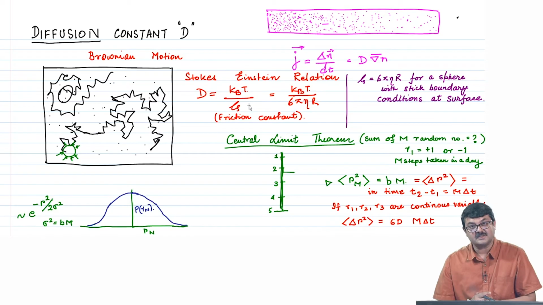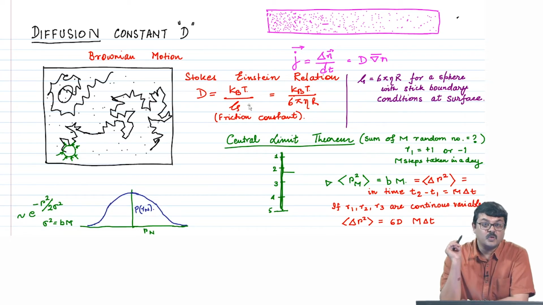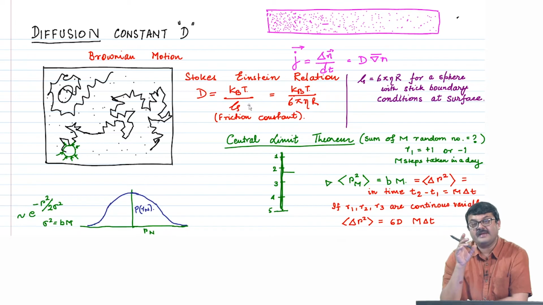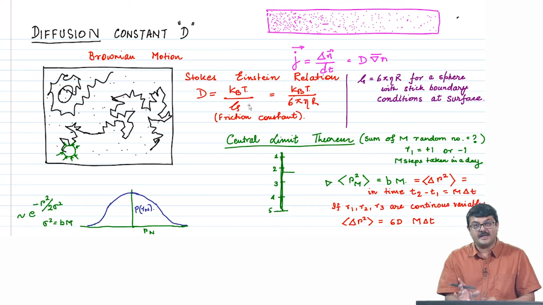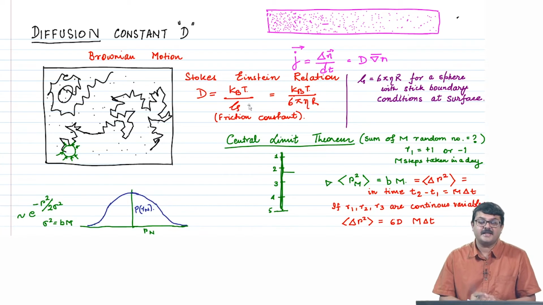What is the friction constant? You might have come across the friction constant when you were doing the Stokes flow experiment in your lab, where basically you have a column of liquid and you drop a small sphere inside it, it finally reaches its steady velocity due to the frictional drag and the gravity and so on.